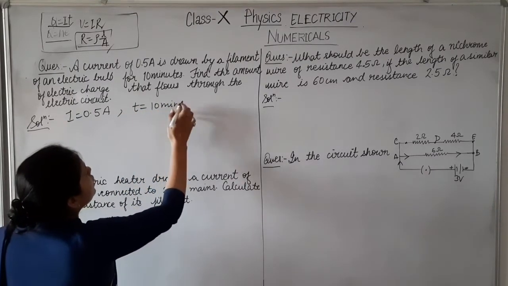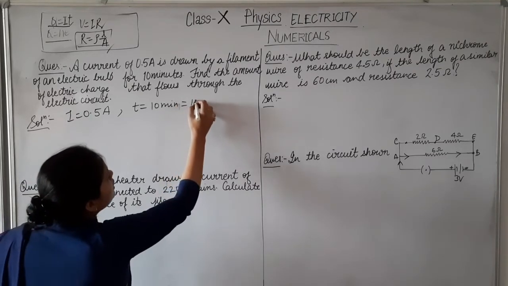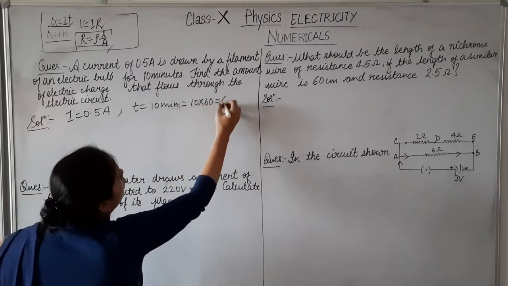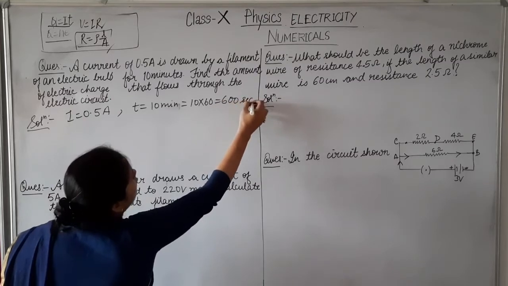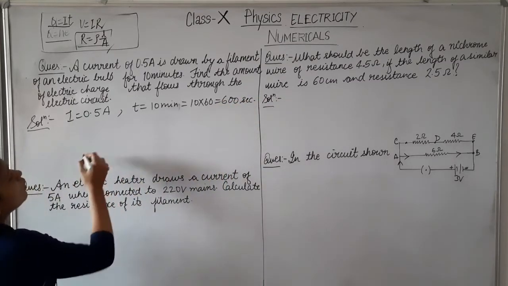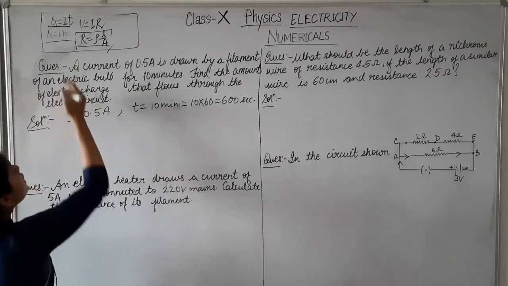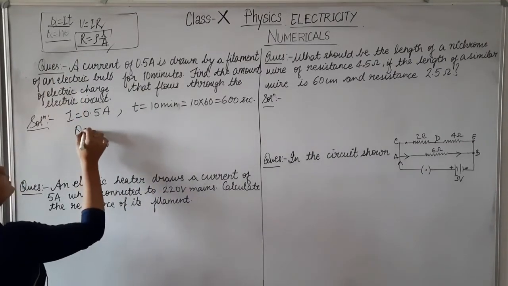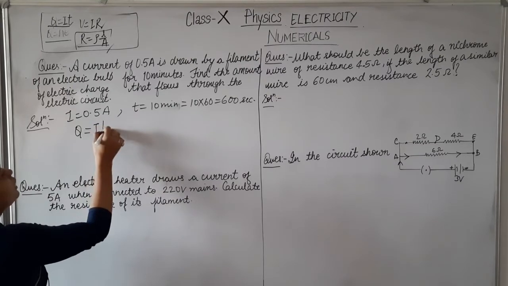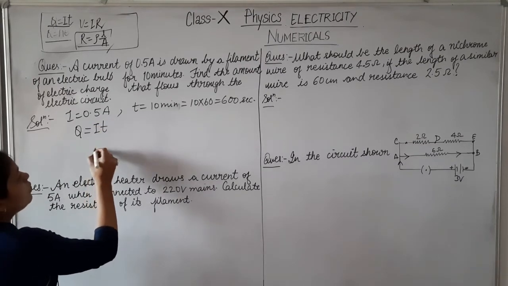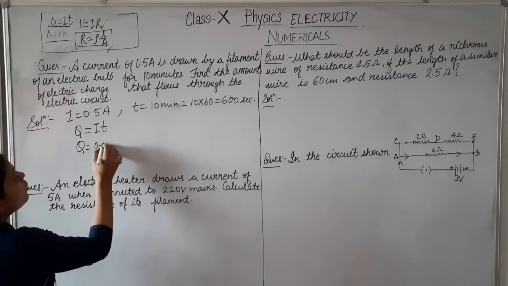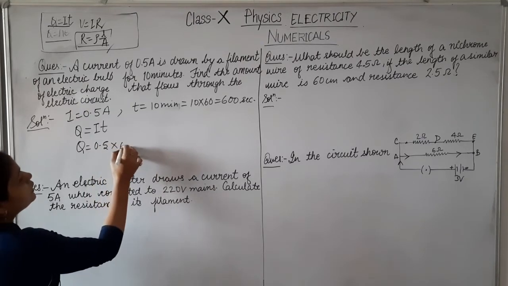We will have to change this 10 minute into second. Means 10 into 60 is equal to 600 second. Now we know that we have to find out what? The amount of charge. We know that Q is equal to IT, putting the value of I and T, we will get 0.5 into 600.